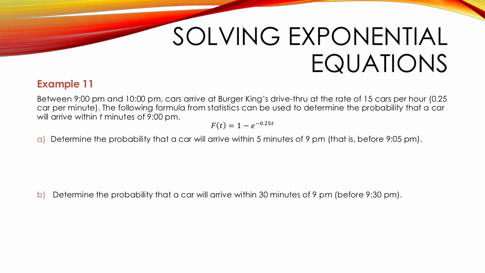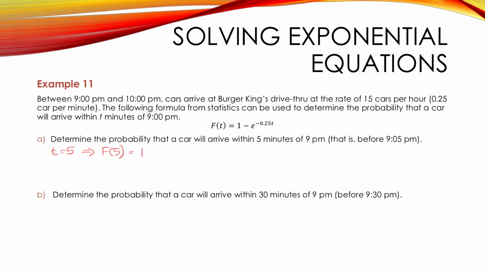The following formula from statistics can be used to determine the probability that a car will arrive within t minutes of 9 o'clock p.m. And that formula is f of t is equal to 1 minus e to the negative 0.25t. So we wanted to determine the probability that a car will arrive within 5 minutes of 9 o'clock, so before 9:05 is over. In that case, we have t equals 5, so we're just looking for f of 5.